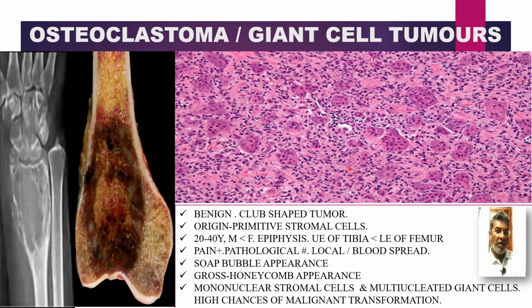This is one more interesting finding. So, osteoclastomas or giant cell tumors consist of two types of cells: mononuclear stromal cells, which are the tumor cells, and multinucleated giant cells. Mononuclear cells are the tumor cells, and there is a high chance of malignant transformation.